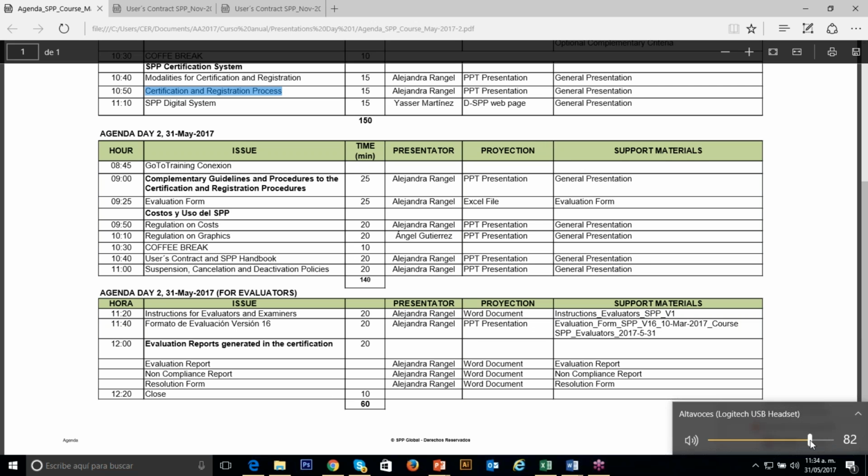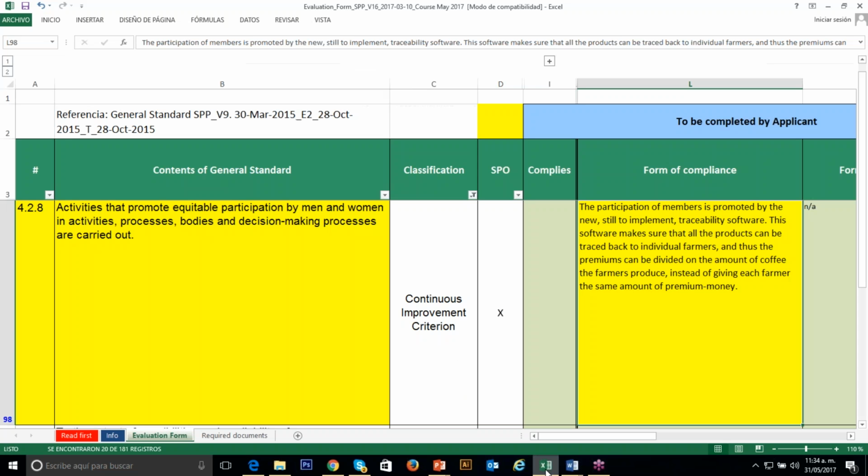Regarding the table on 4.2.8 in the standard, the criterion. This is about equality between men and women. Yes, that I asked also.